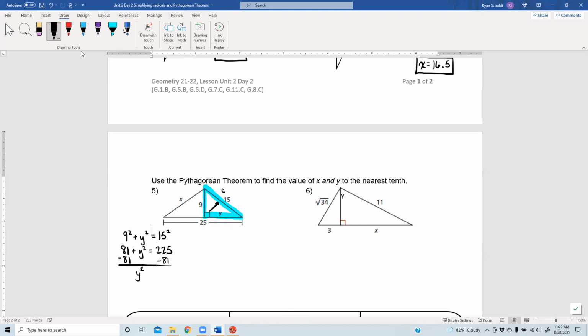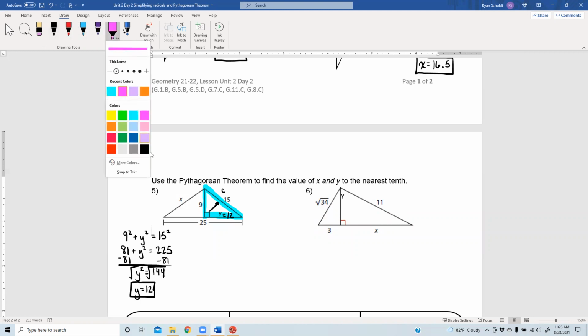I mean, y squared equals 144. Square root the y squared, and you get y equals 12. Yep, this is one of those triples. Y is 12. Okay, so if y is equal to 12, how much do I have left for this side over here?